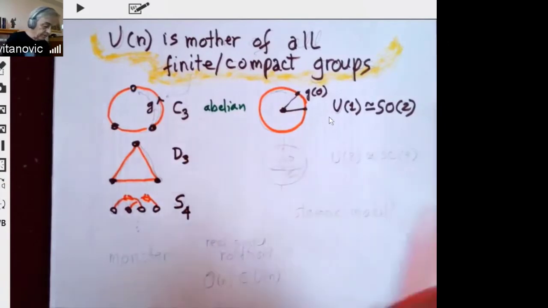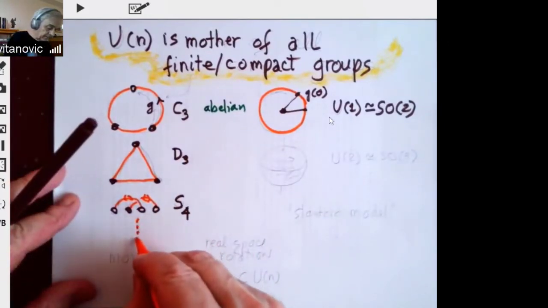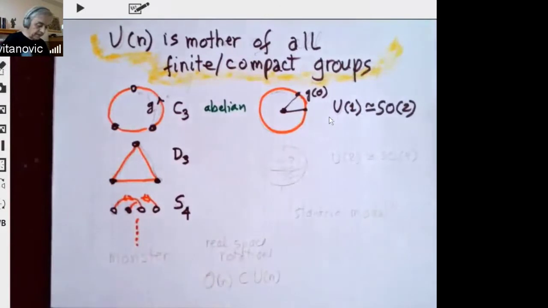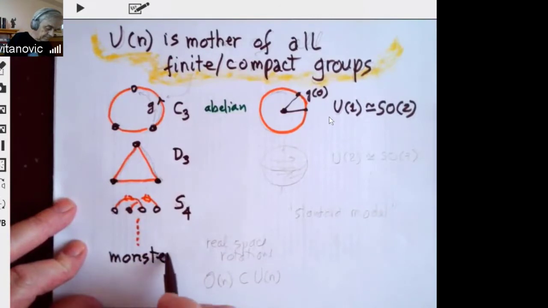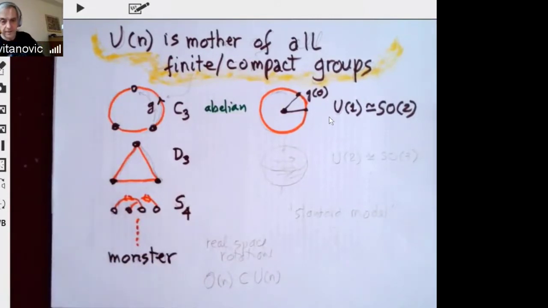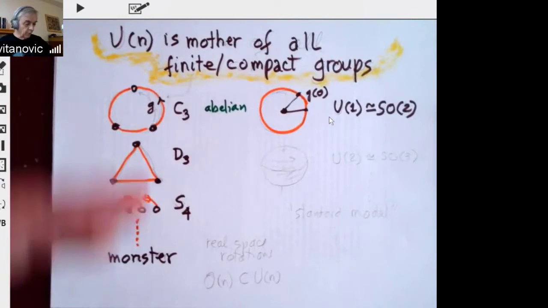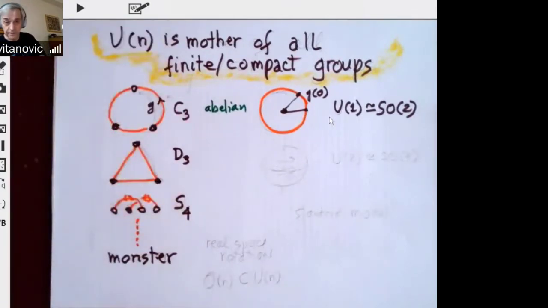This goes on. There are lots of finite groups. They're all classified now. There is the monster, which is a humongous group. And for all of them, they all have unitary representations.